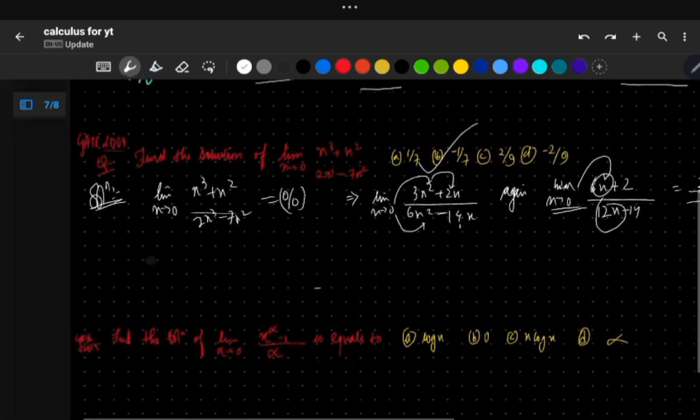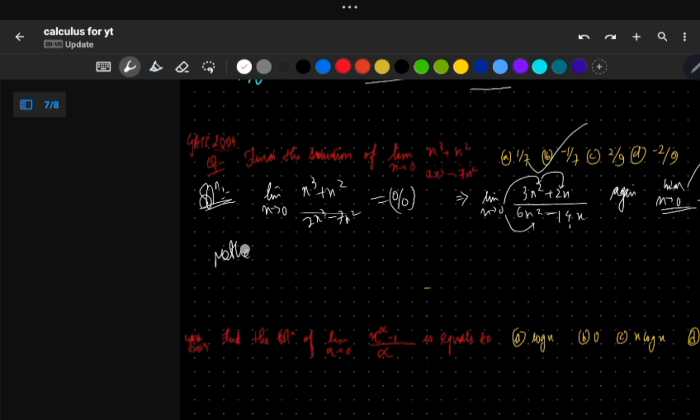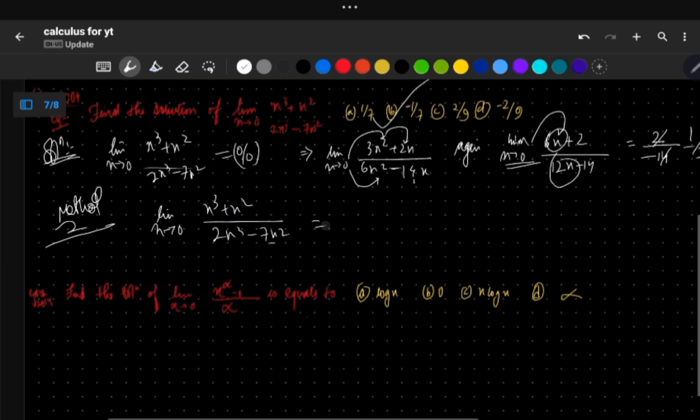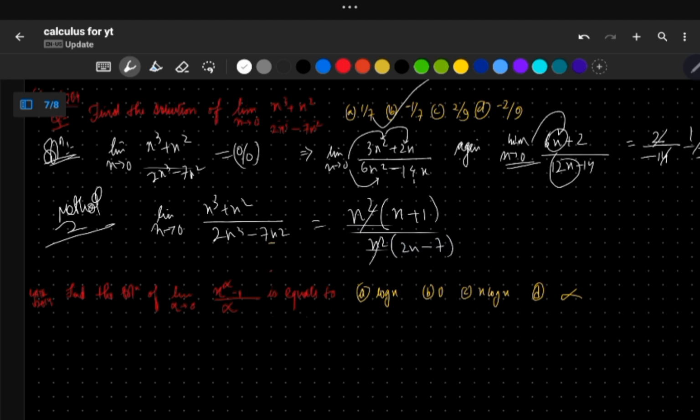So let us try method 2, another method for this. Limit x tends to 0, x cube plus x square by 2x cube minus 7x square. If we take x square common from numerator and denominator, what do we get? x plus 1 upon 2x minus 7, so x square got cancelled.